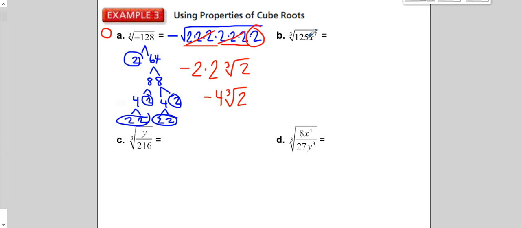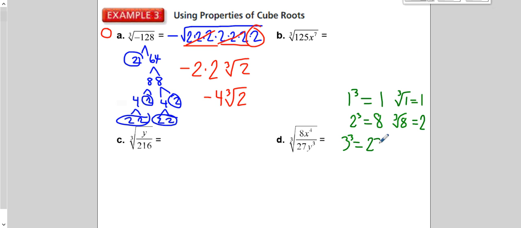Cube root of 125. Well, let's make a list for a minute. 1 cubed is 1, so the cube root of 1 is 1. 2 cubed is 8. I want you to start to see the pattern.